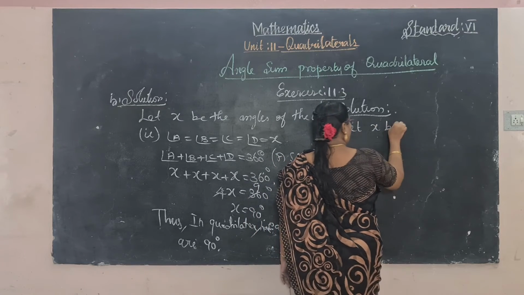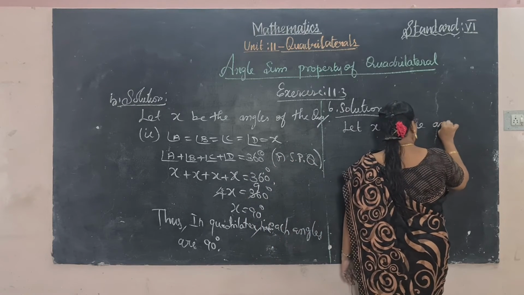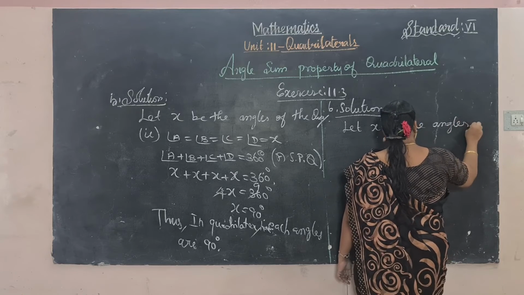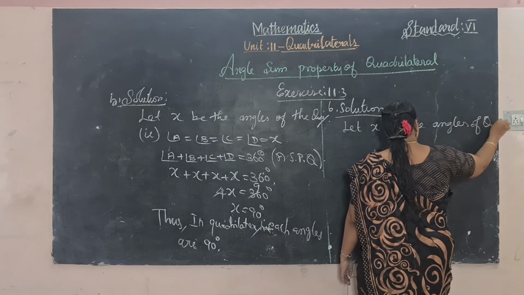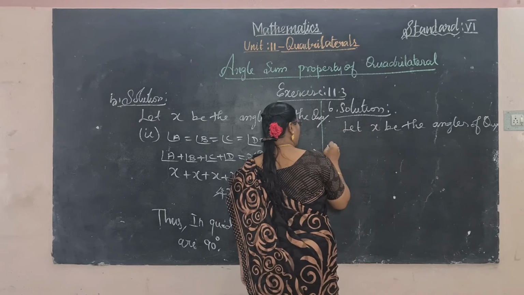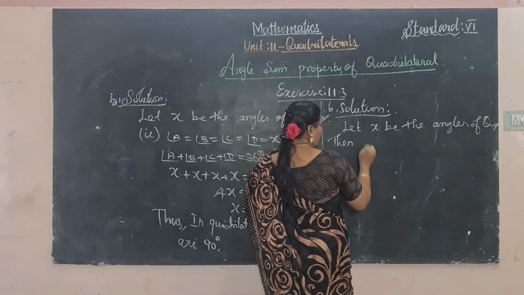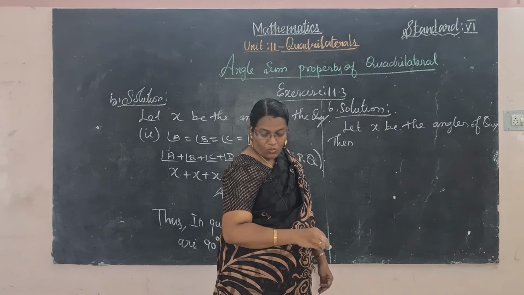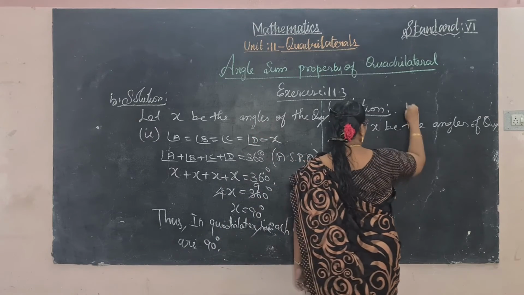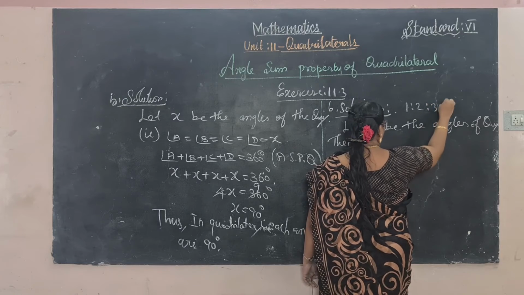Let x be the angles of the quadrilateral. Which ratio is given? The ratio 1:2:3:4 is given.